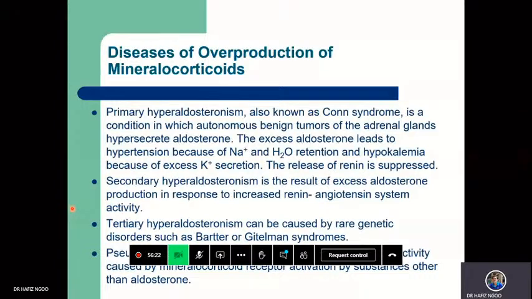Okay, and then you have the tertiary, which you very rarely see. And then you have pseudo-aldosteronism, which is excess mineralocorticoid activity caused by mineralocorticoid receptor activation by substances other than aldosterone. So there's overstimulation of the receptors. It could be due to some of the chemicals that we take in that actually cause a high aldosterone effect. So there are four: primary, secondary, tertiary, and pseudo-aldosteronism.